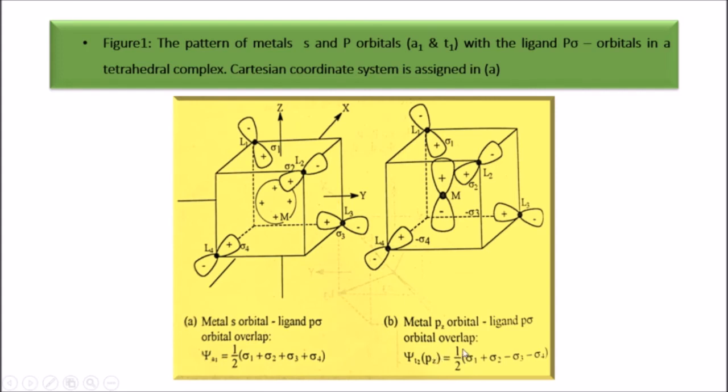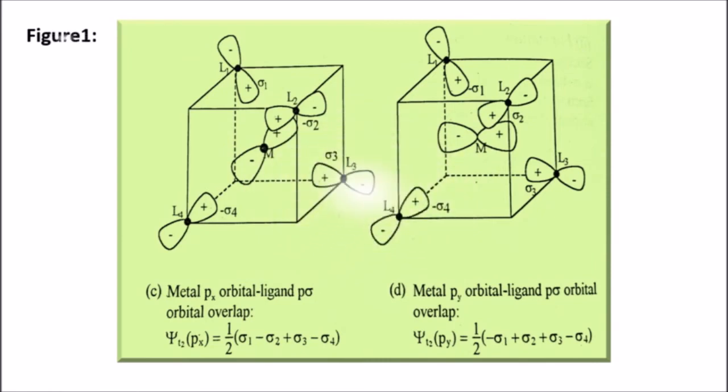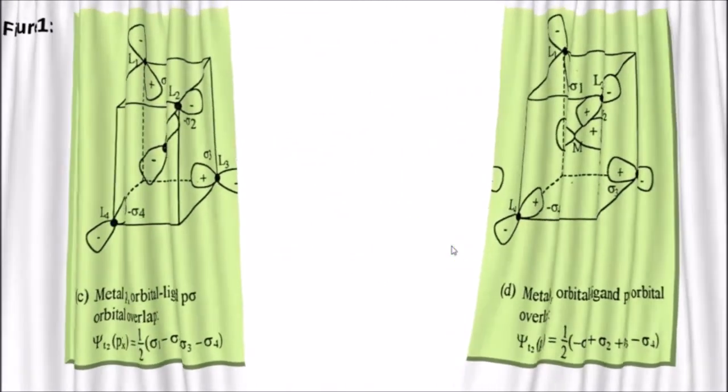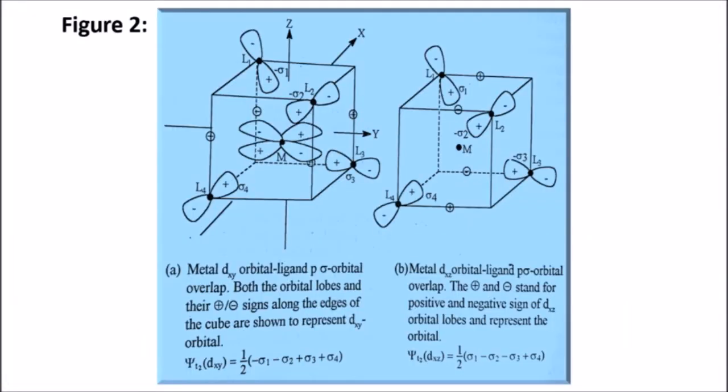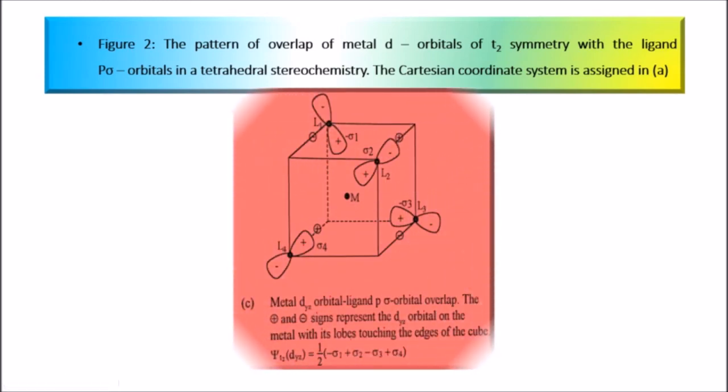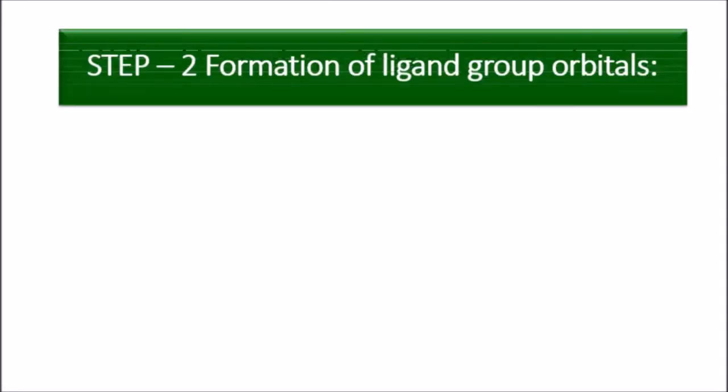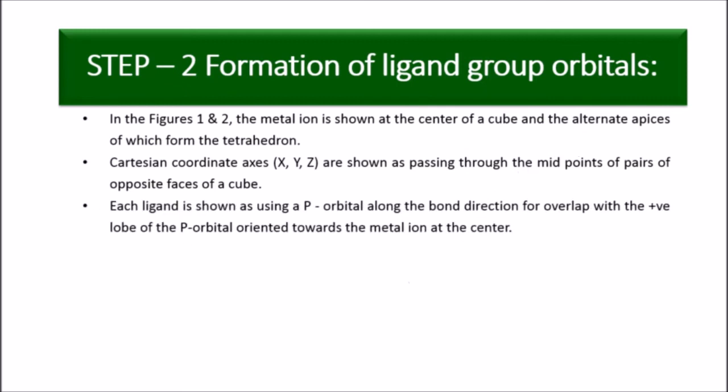This is the LGO formation for pz. This is the LGO formation for px, T2 symmetry, py, T2 symmetry as well, and this is the LGO arrangement for T2 symmetry dxy, dxz and dyz. So that is how we can represent this arrangement.